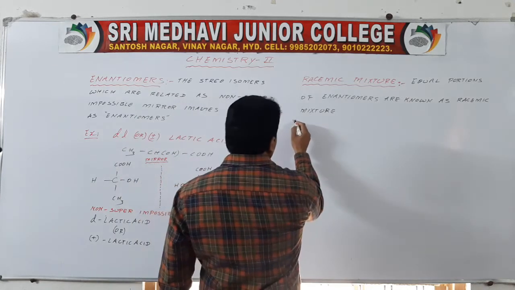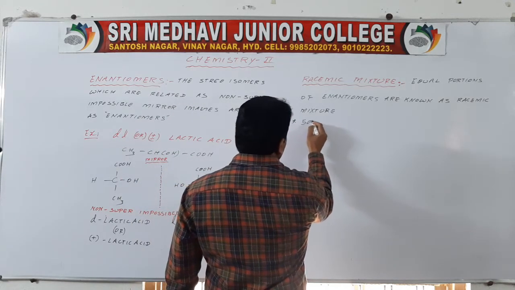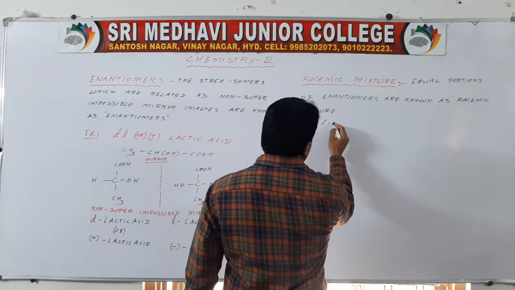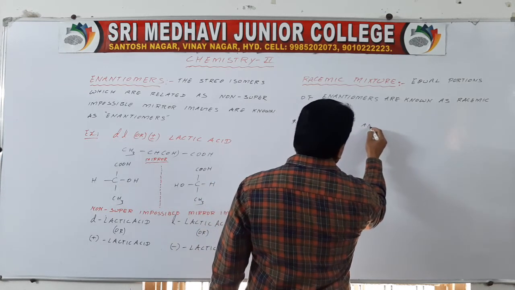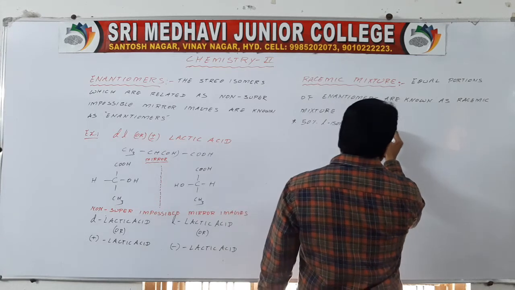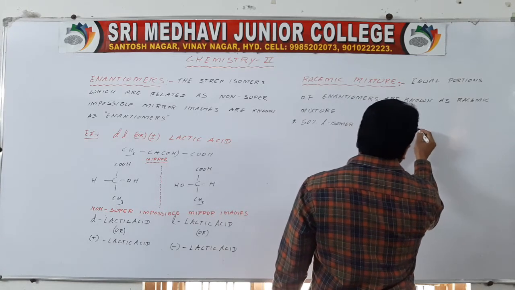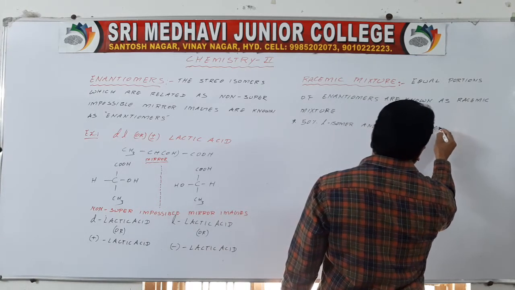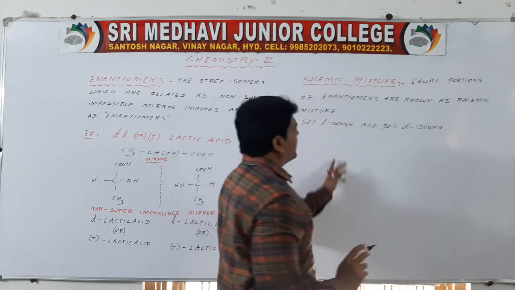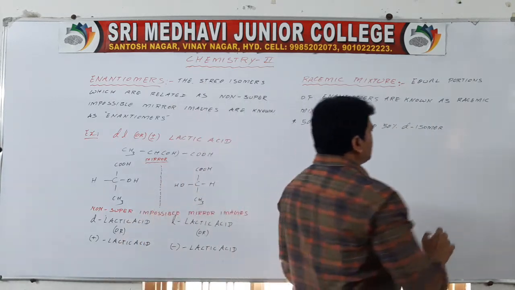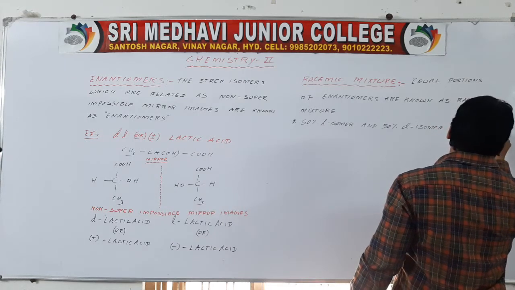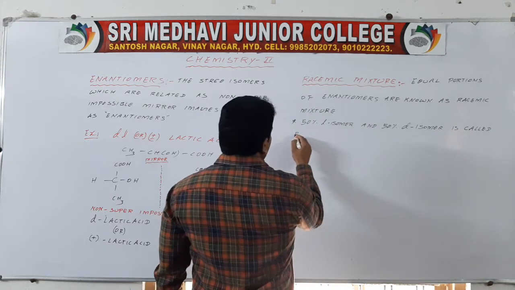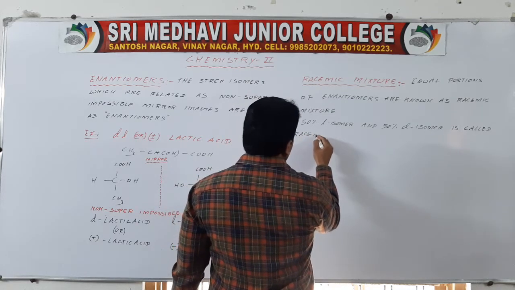50% L isomer and 50% D isomer is called a racemic mixture.